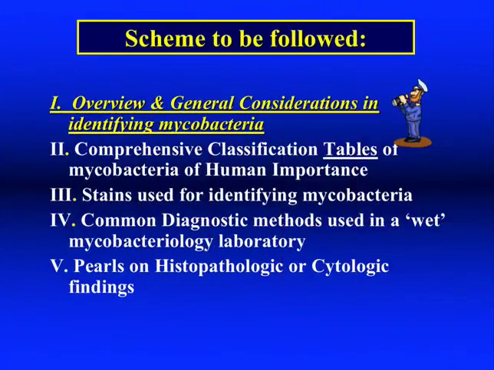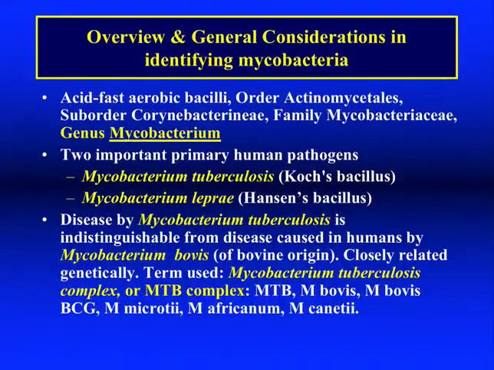So let's start with our few general considerations and our overview of this broad area called mycobacteriology. Okay, so we're dealing with acid-fast aerobic bacilli within the order Actinomycetales, suborder Corynebacterineae. The family is Mycobacteriaceae, and the genus is Mycobacterium.